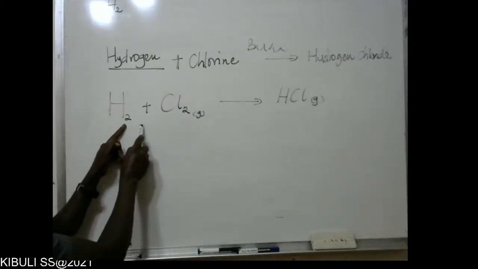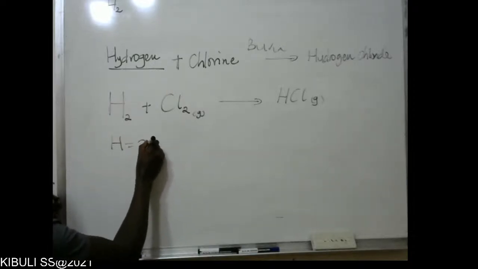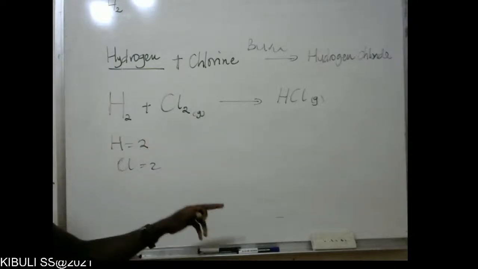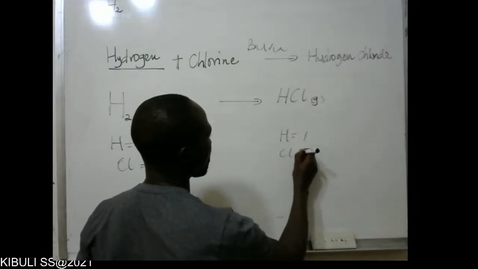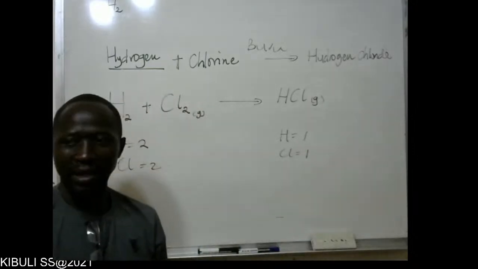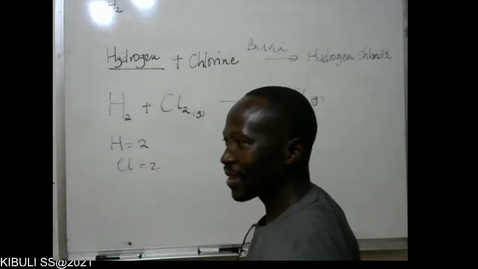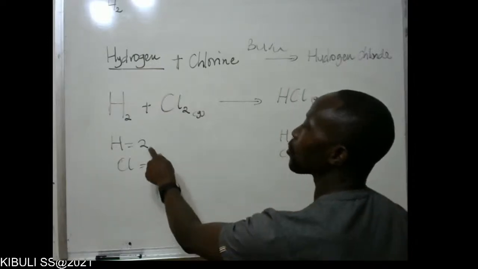There are two hydrogens here. So here hydrogens are 2, chlorines are also 2. Here hydrogen is 1 and the chlorine is 1. In balancing this equation, we shall try to make the odd numbers even so that they are equal to this one.